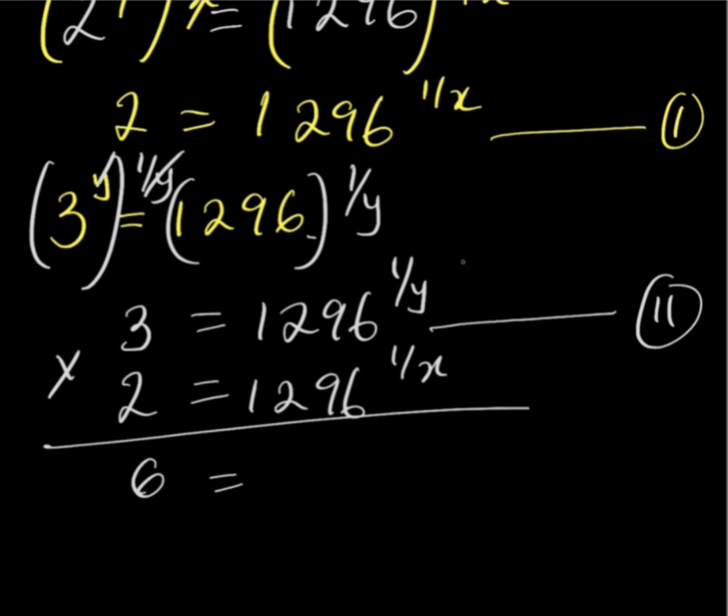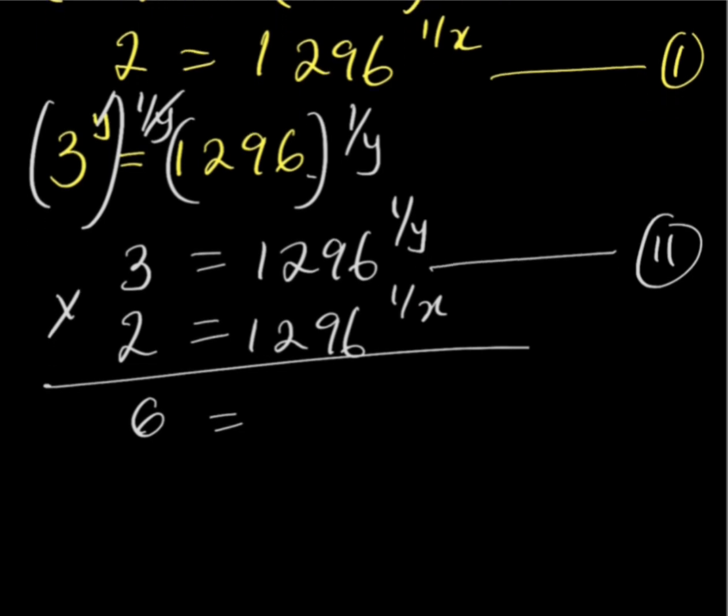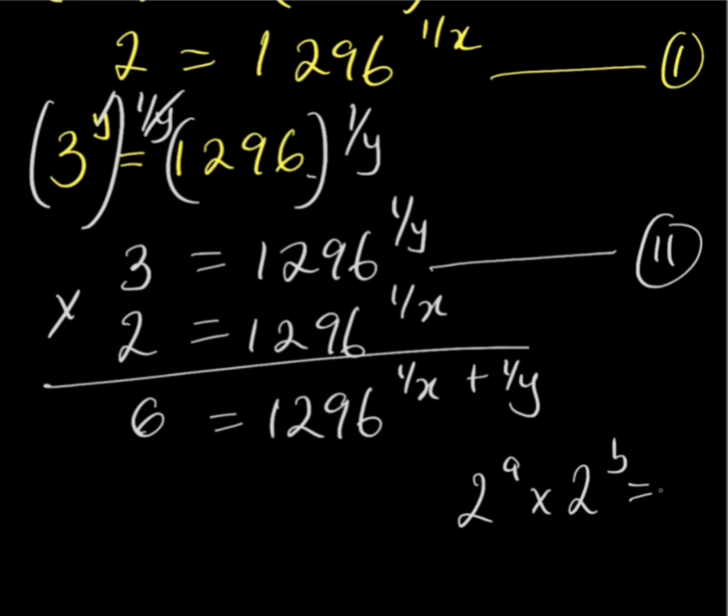Then 1296^(1/y) times 1296^(1/x) is the same thing as 1296^(1/x + 1/y). You know from the laws of indices, when you are multiplying two things that have the same base, you simply add their powers. Just like if you have 2^a times 2^b, it is simply 2^(a+b). That is the idea I used here.